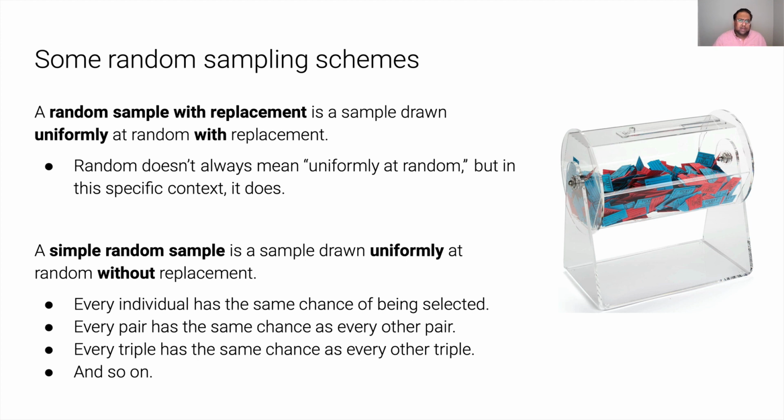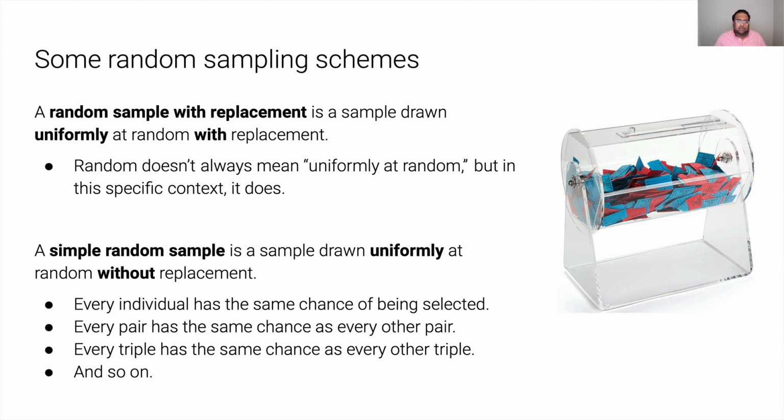A set of specific criteria that a simple random sample needs to satisfy is that every individual needs to have the same chance of being selected, which is also true for a random sample with replacement, right? The uniformly means that everyone has the same probability of being selected. But it also needs to be true that every pair has the same chance of being selected as every other pair.